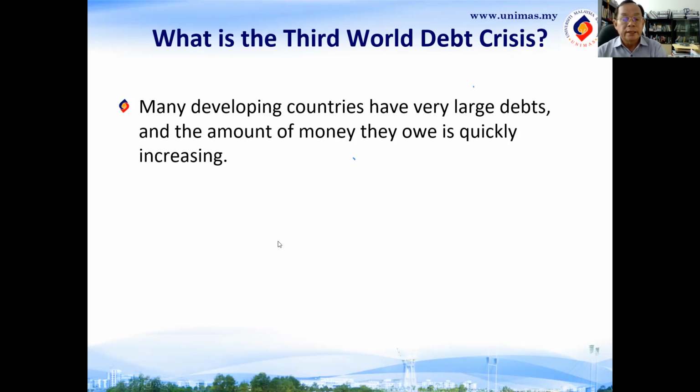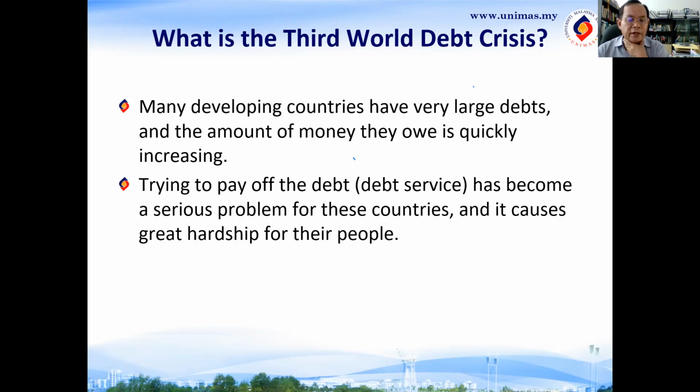So not bringing much money, doesn't generate much income. So poor countries are trying to pay off the debt. The term here is debt servicing.